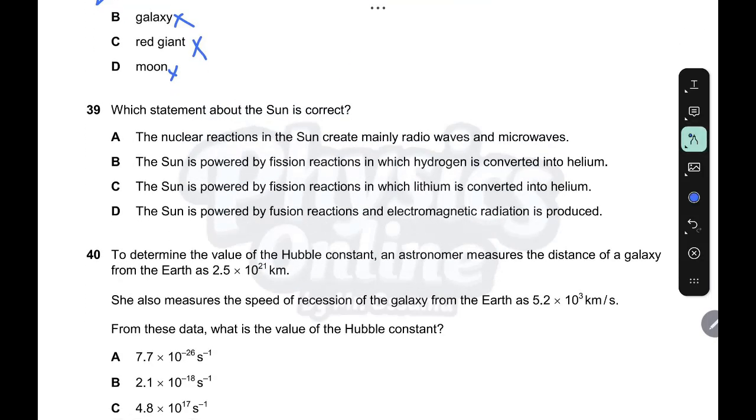Which statement about the sun is correct? The nuclear reaction in the sun creates mainly radioactive and microwave radiation. No. The sun is powered by a fission reaction. Wrong. Fission is also wrong. Fusion reaction, and electromagnetic radiation is produced. This is correct.